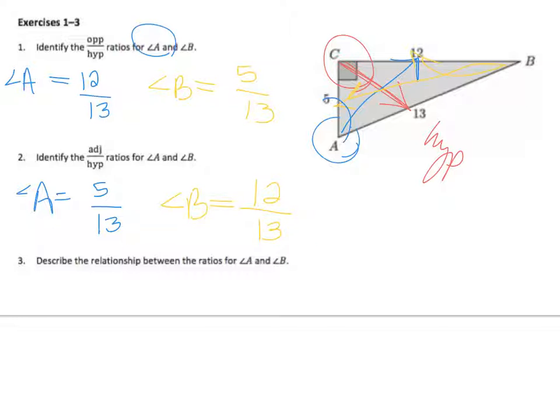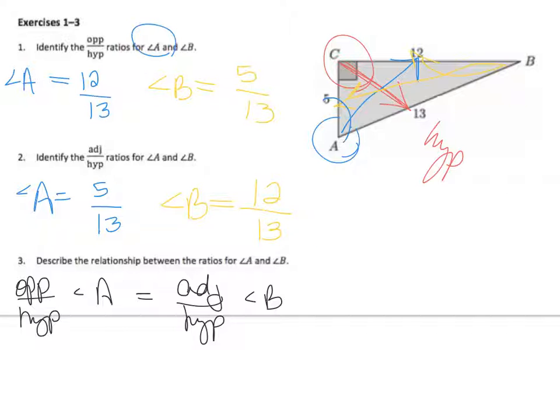Describe the relationship between the ratios for angle A and angle B. If we look at it, we have the opposite over hypotenuse ratio for angle A is equal to the adjacent over hypotenuse ratio for angle B. Crazy, huh?